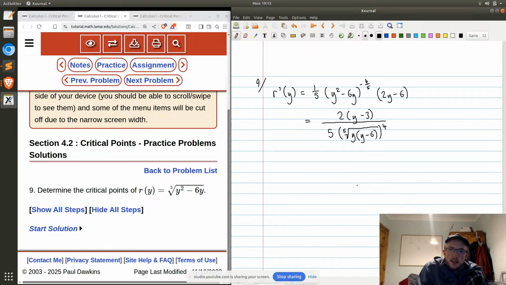Cool. I like that. Anyway, all right, so now that we've differentiated it, we want to determine where it's equal to 0, where it doesn't exist.